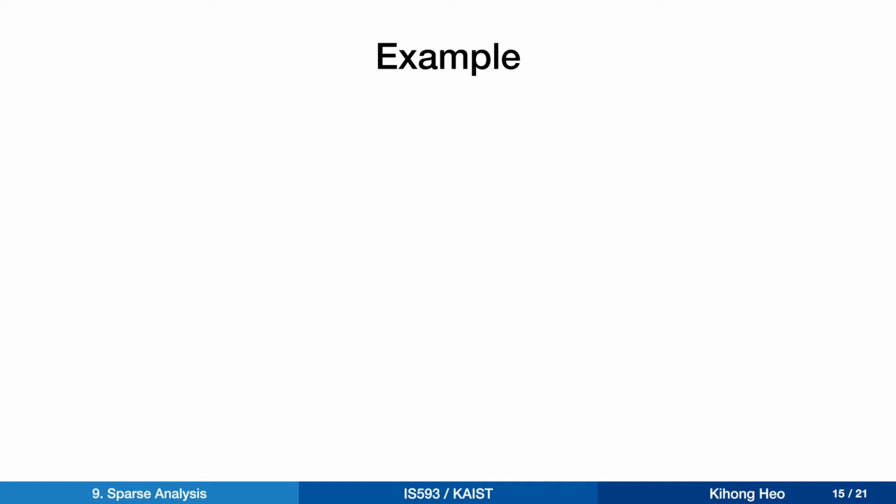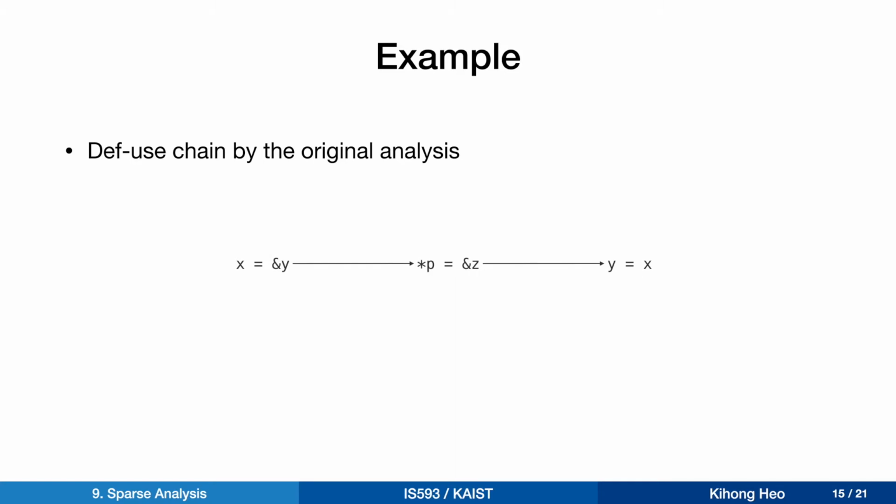Then let's see an example that shows why the second condition is needed. First, let's see the ideal depth chain by the original analysis. Consider this simple program, with three statements, and the def and use sets for each label.